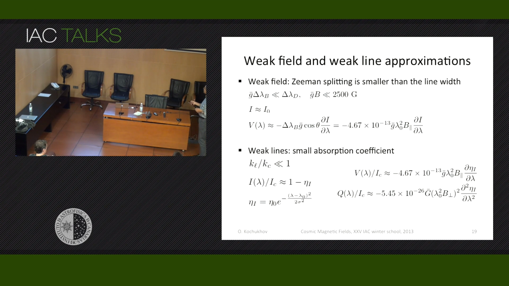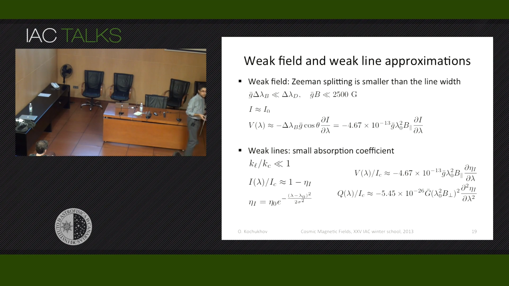And the signal in Stokes V can be computed in this way: delta lambda B times the effective Lande factor times the cosine of the angle between the line of sight and the normal, multiplied by the derivative of Stokes I. If I plug in the numbers, this is the equivalent formula that I can derive. This formula is actually at the heart of many methods to derive magnetic fields in stars. Weak field approximation.